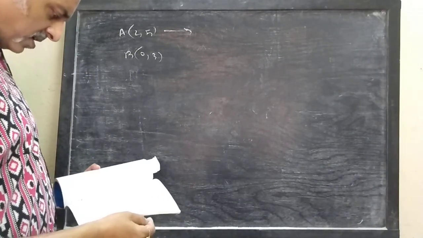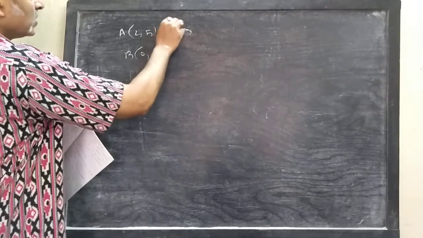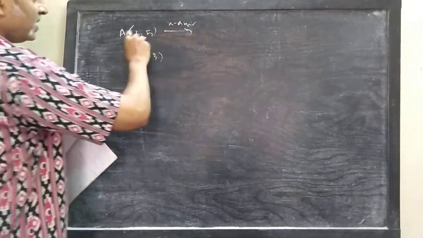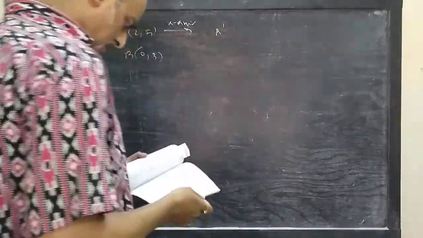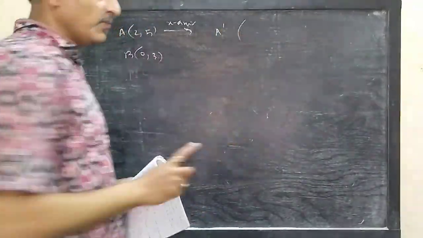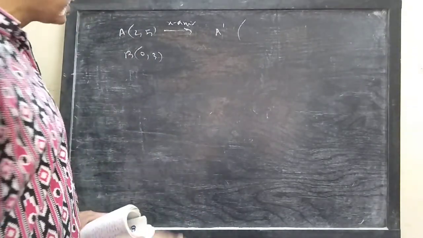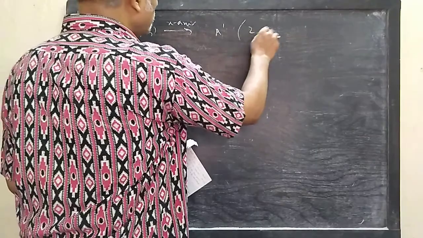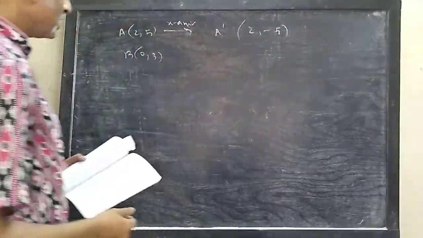When point A is reflected in the x-axis, then it goes to A dash. Reflection in the x-axis means abscissa remains fixed, ordinate changes its sign. So abscissa remains 2, ordinate will be -5. 5 becomes -5. Okay.